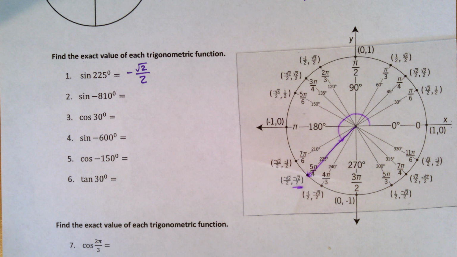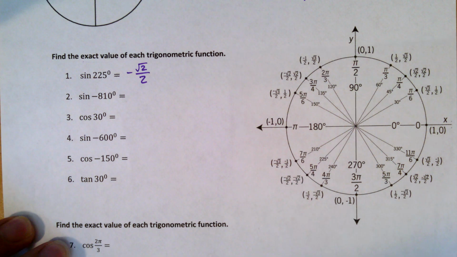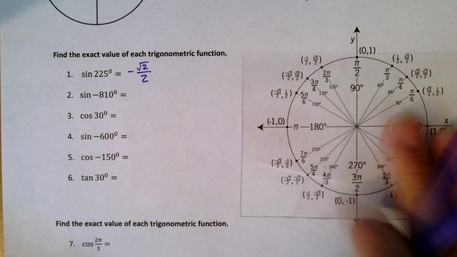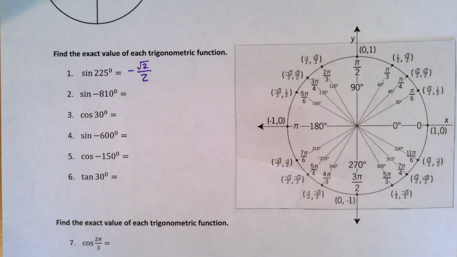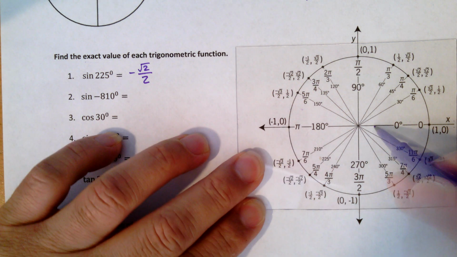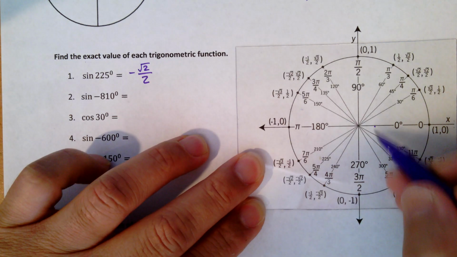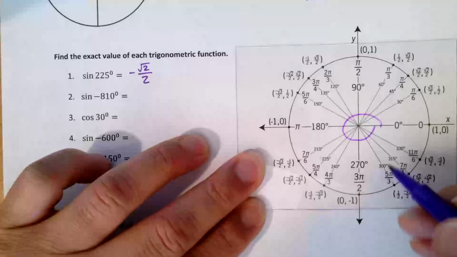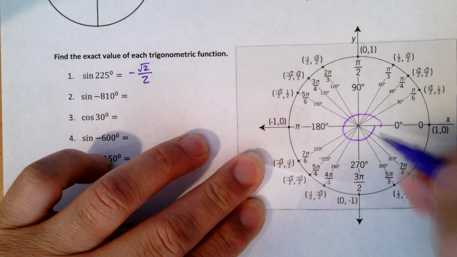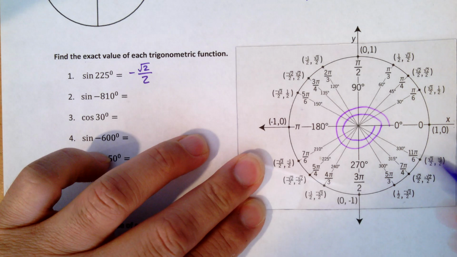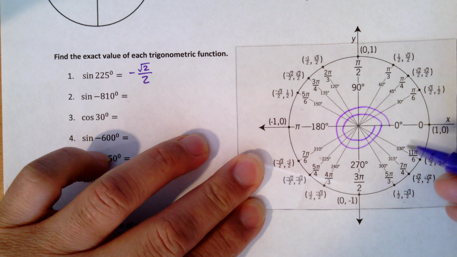Now let's find sine of negative 810 degrees. So sine of negative 810 degrees would be, let's start here, negative 810 degrees. So let's see, I'm going to go one full circle. That's 360. And if I do another 360 and 360, that's 720.